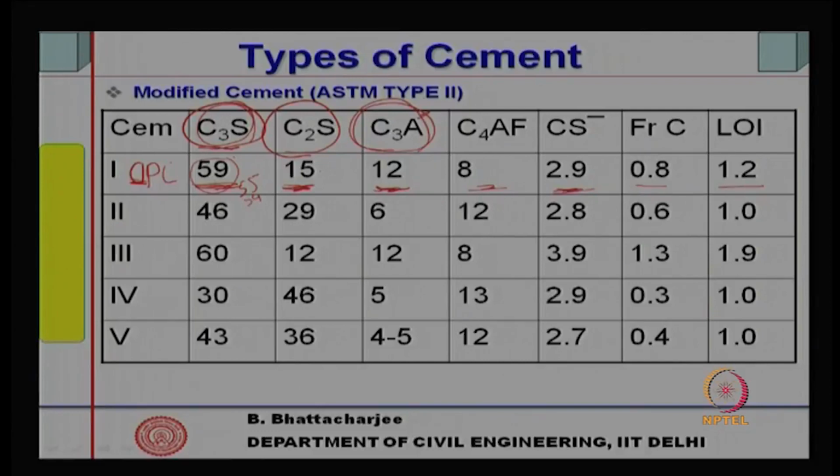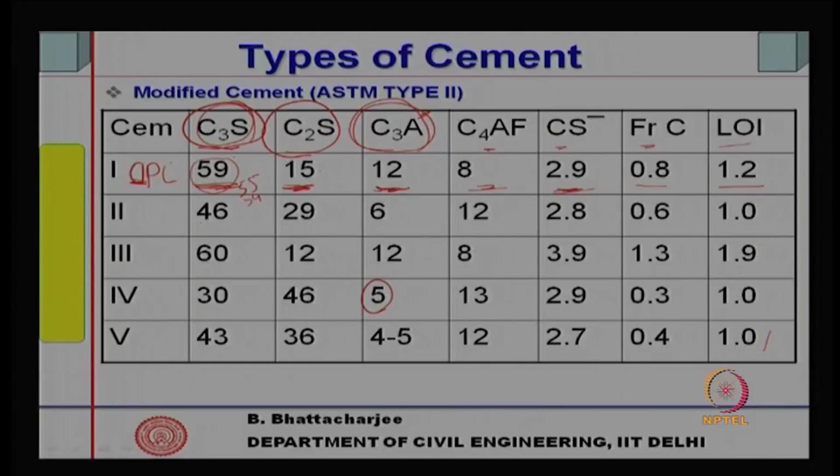It contributes maximum to the heat of hydration, and this has of course much less effect. Calcium sulphate again does not have much of an effect anywhere, and free lime of course is as restricted as anywhere it should be. Loss on ignition should be almost similar for all. So, major effect comes from the quantity of C3S present, and C3A present has got a role in type 4 cement, which is low heat cement.